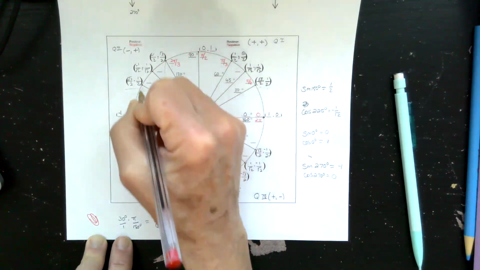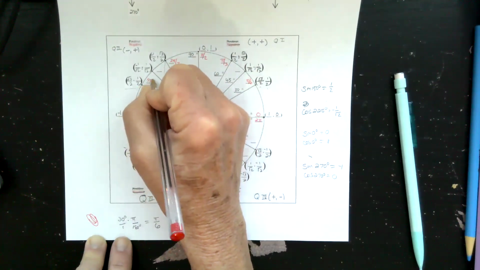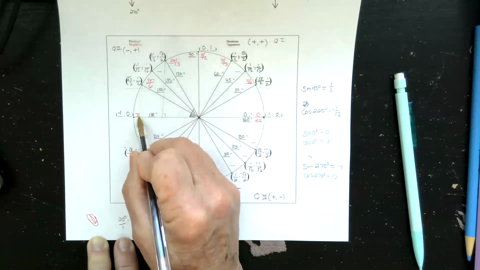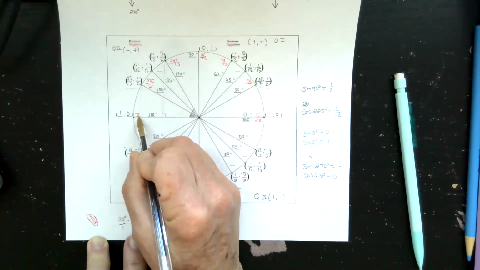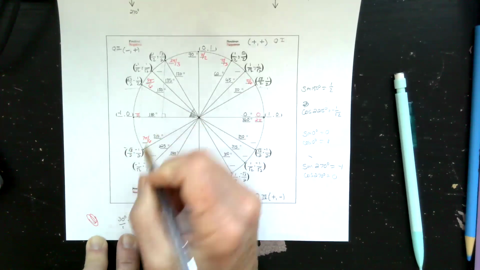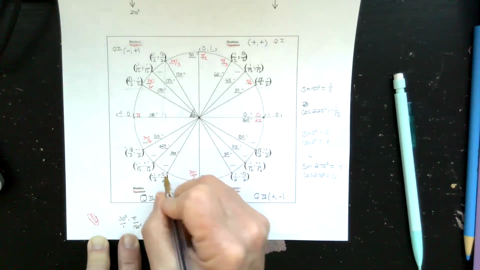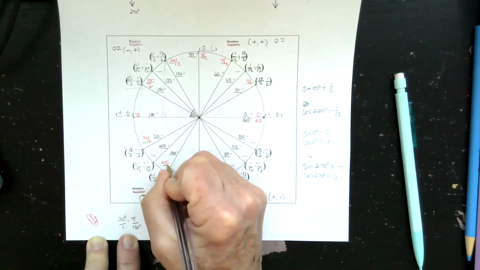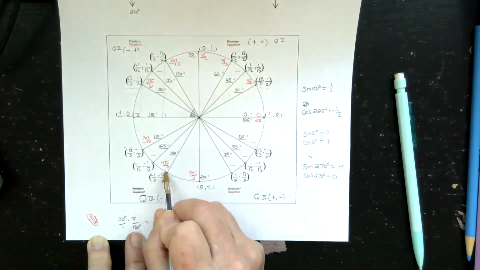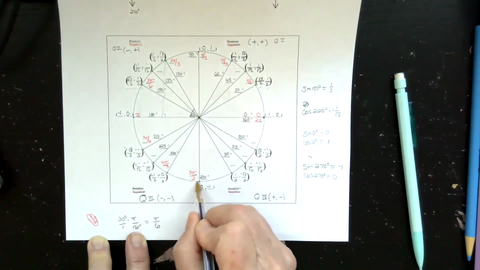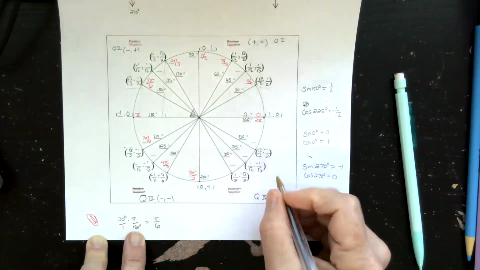Plus another pi over 6 would be 5 pi over 6. Plus another pi over 6 would be 6 pi over 6, which is pi. Plus another pi over 6 would be 7 pi over 6. Plus another pi over 6 would be 8 pi over 6, but that can simplify down to 4 pi over 3.